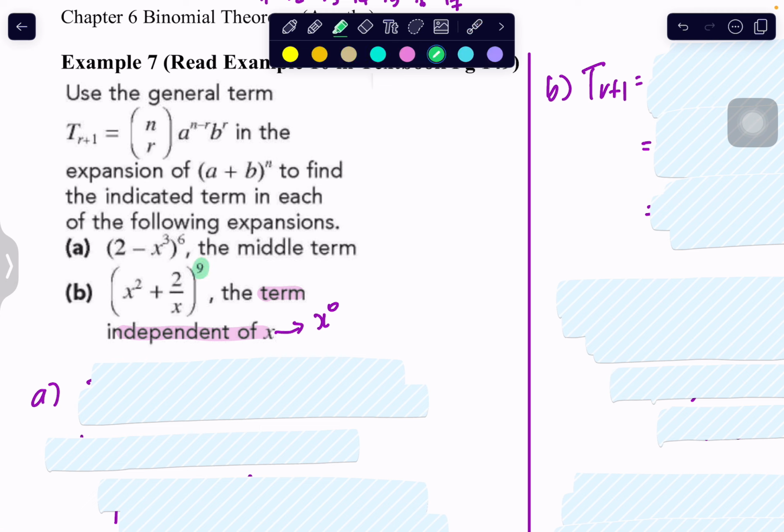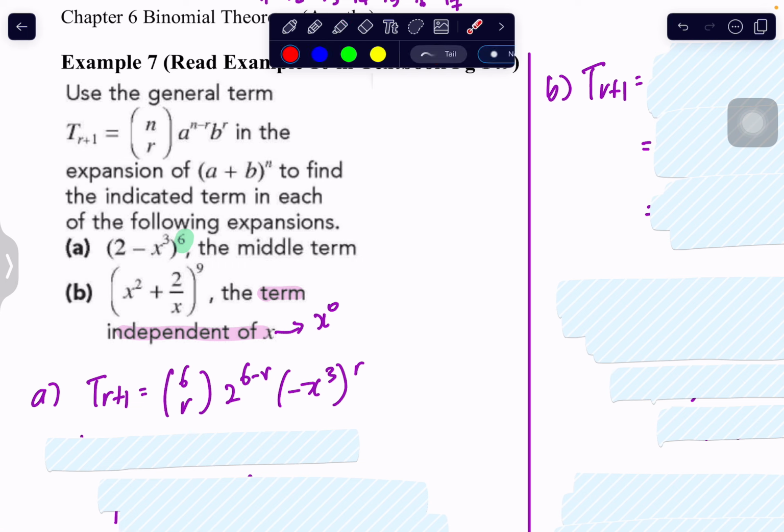We have T r plus 1 equals to n choose r, 2 to the power of 6 minus r. So the first term is raised to the power of 6 minus r, and the second term is raised to the power of r. The second term includes the negative sign, so negative x cubed raised to the power of r.